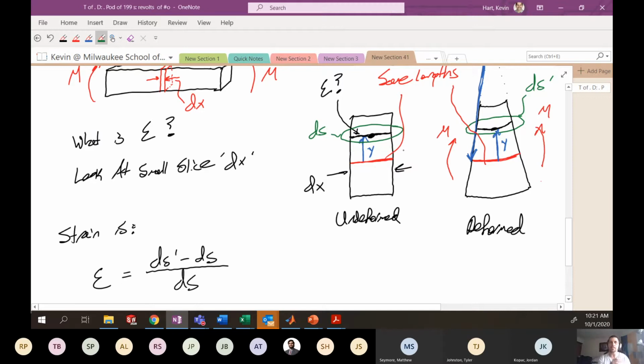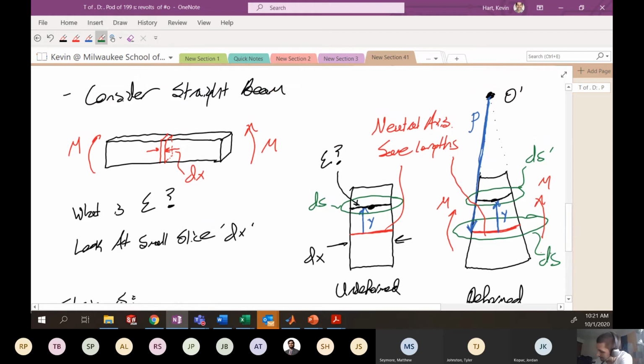We notice that the neutral axis does not change in length from situation 1 to situation 2. So this particular length of the bar is the same as ds, and it's the same as what is listed over here. Okay. So in this deformed condition, this portion of the bar is ds. Got it?